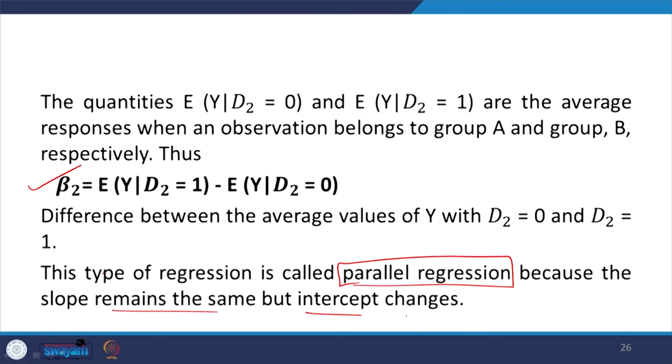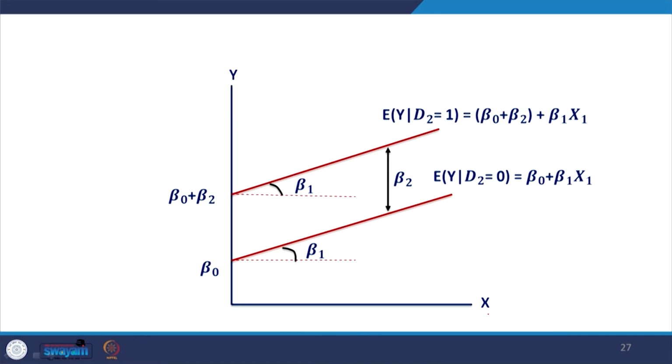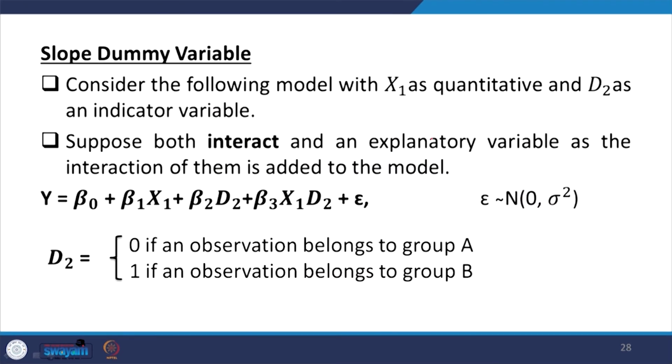The slope remains the same but the intercept changes, as in the picture. In the first one, this is beta naught, then beta 1 is the slope, and the vertical intercept is changed by beta 2, while the rest are the same. So the vertical distance remains constant.